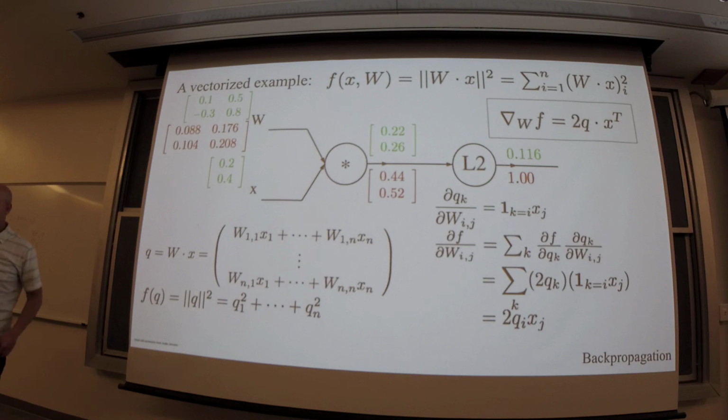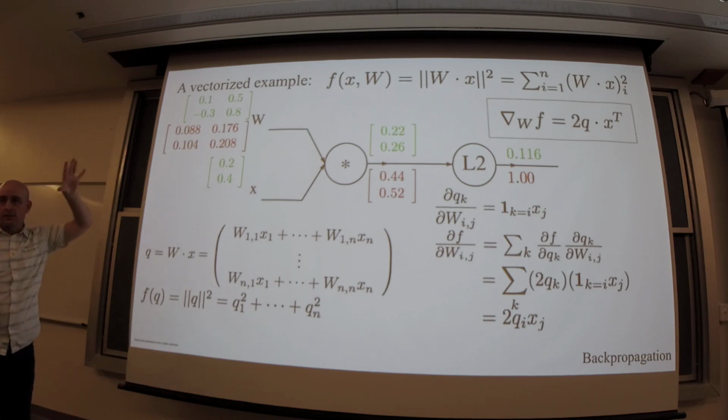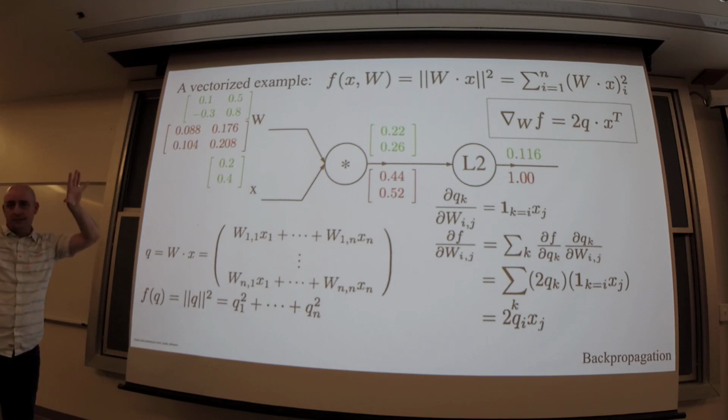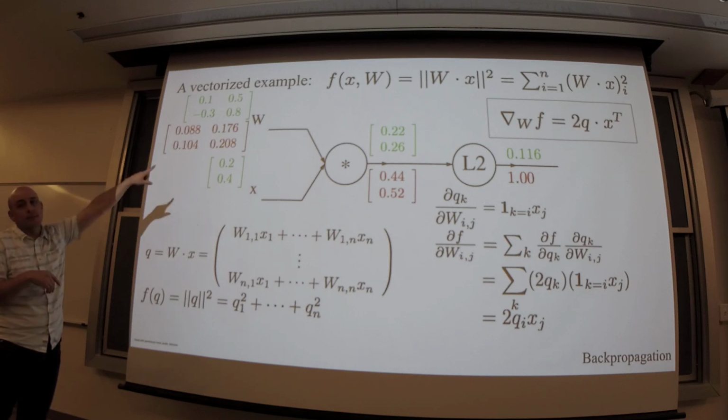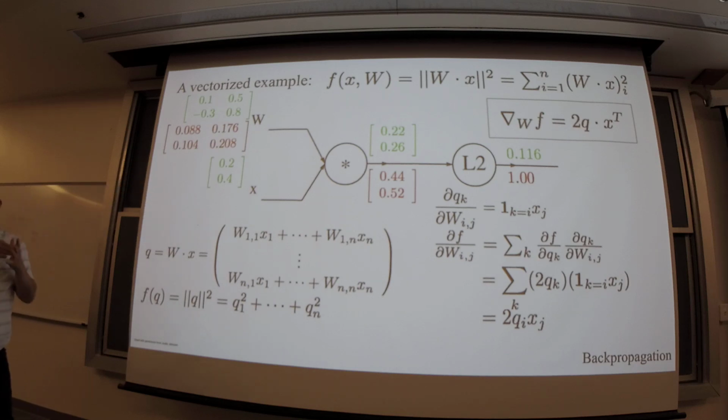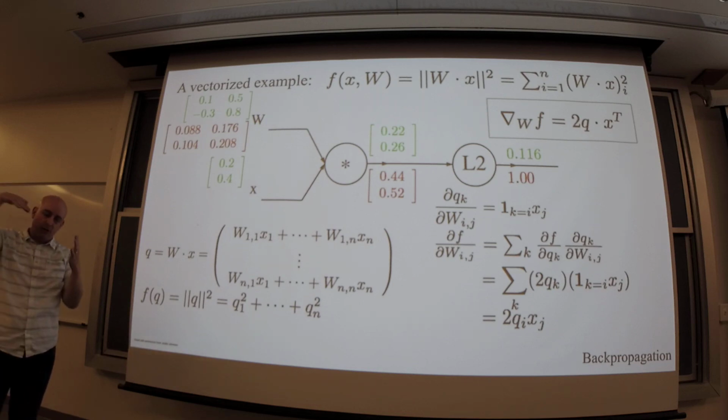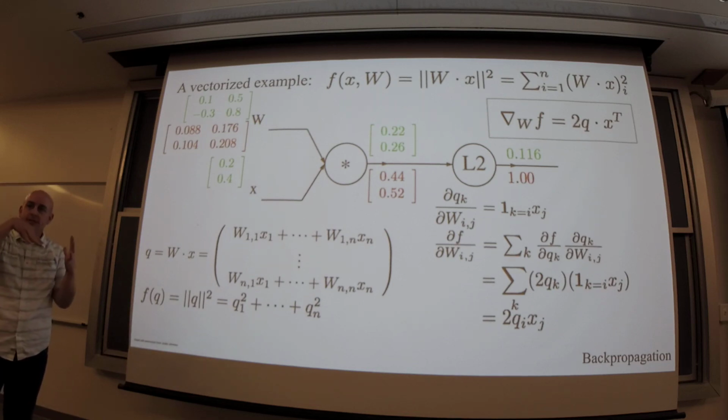You're taking that negative gradient times the step size and adding it to your current set of weights. So it's that vector up there in green minus some learning rate lambda times that matrix in red, and that's your update. That's moving the parameters in the direction of the steepest descent.